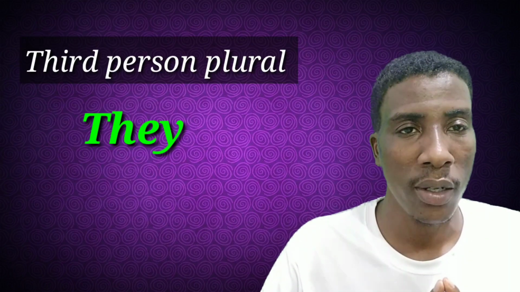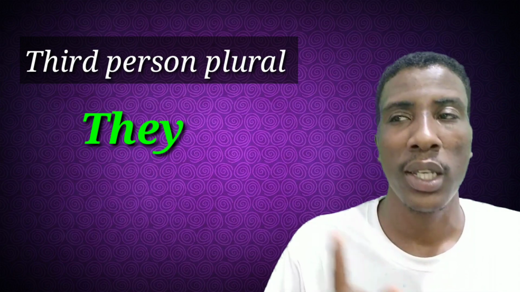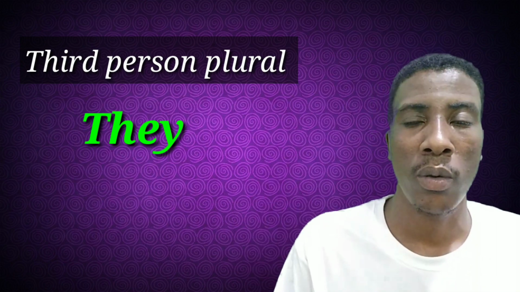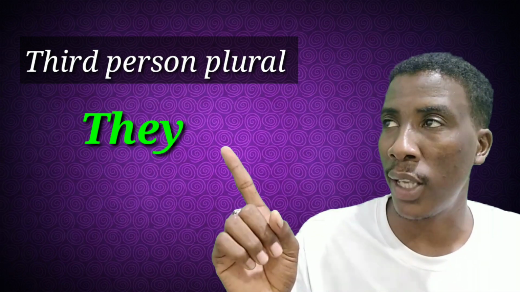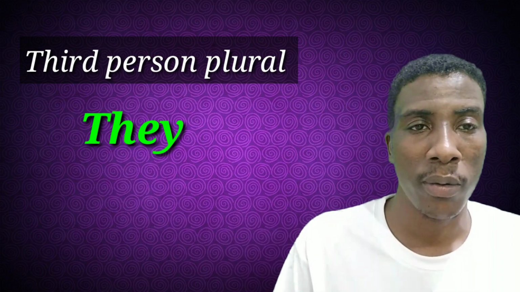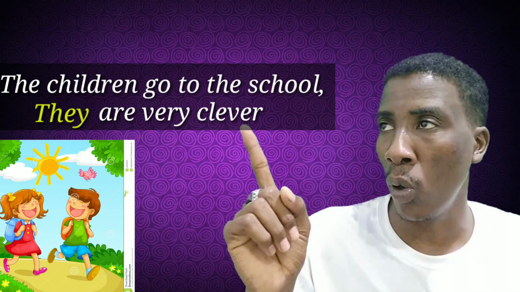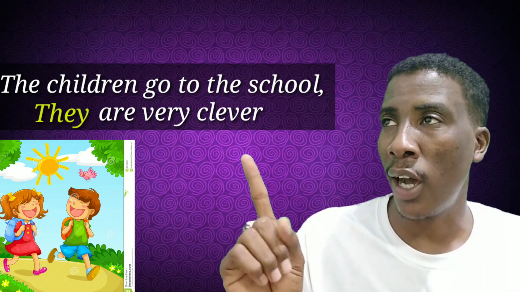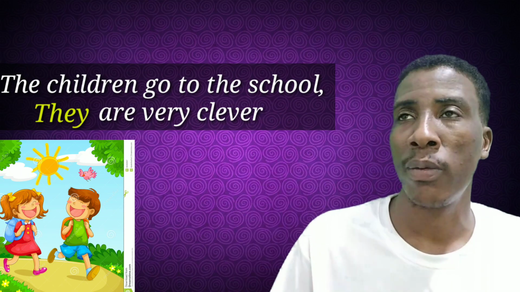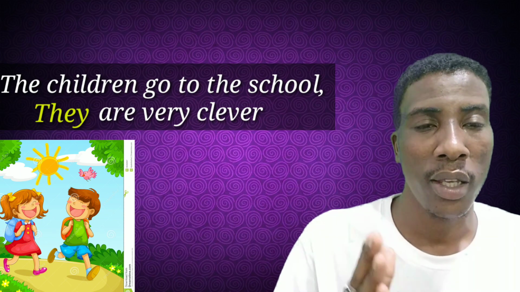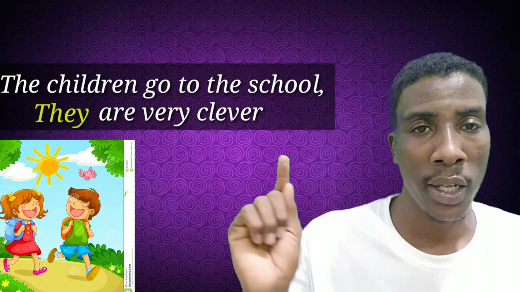Number five, whenever we talk about the third person plural, we use they. For example, the children go to the school. They are very clever. And here they refers to the children.